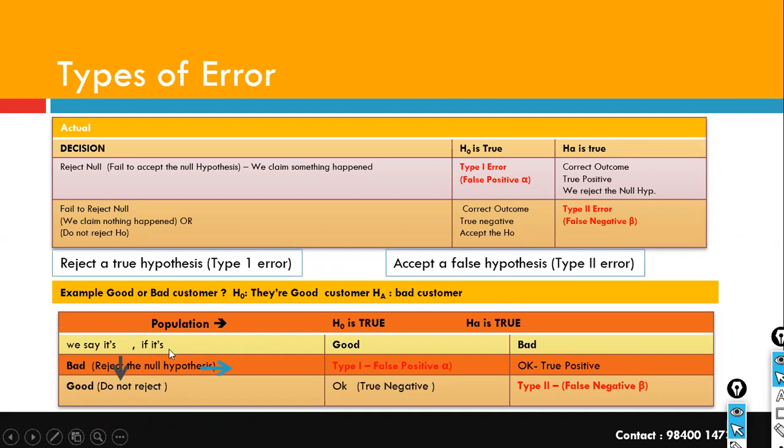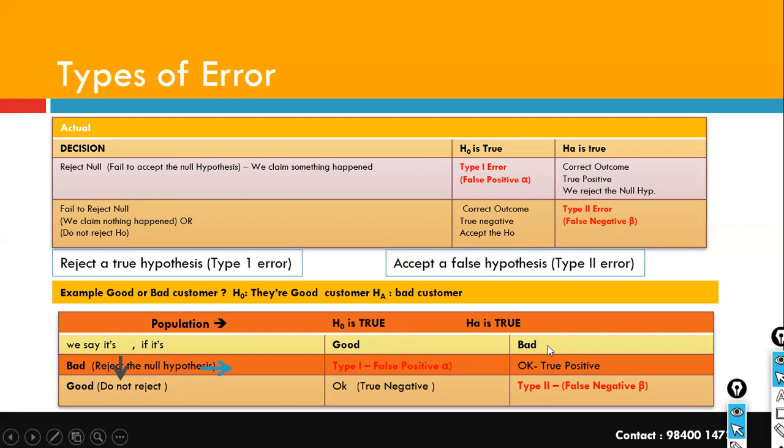Actually the person is good, but we reject the null hypothesis and say he is not a good guy. That is called your type 1 error, false positive.